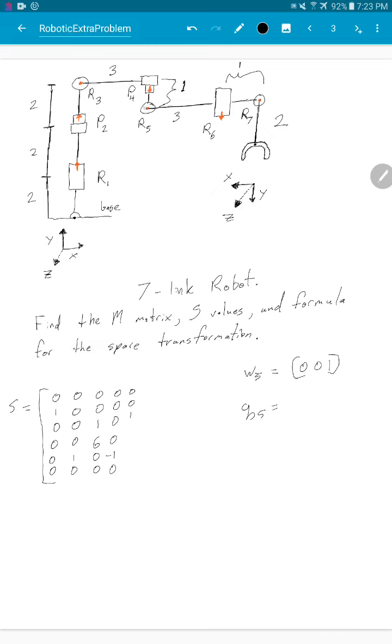We have to figure out the coordinates of this. So I guess it's going to be 5 in the y direction and 3 in the x direction. Q5. Okay, I'm going to have to use a calculator for this one.